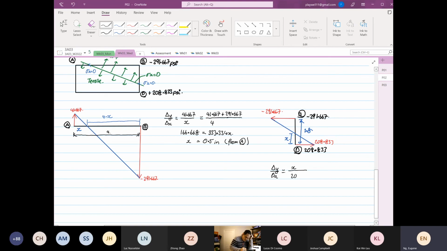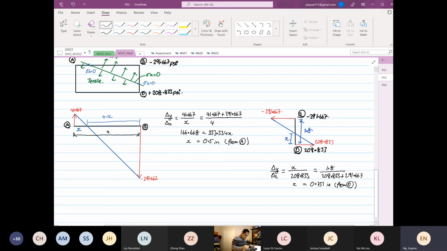So this is 208.833, and this will be equal to 1.8 over the change in x, which is 208.833 plus 291.667. So we cross multiply, or we just calculate x is equal to 1.8 times 208.833 divided by (208.833 plus 291.667), which is equal to 0.751. And this is from D.